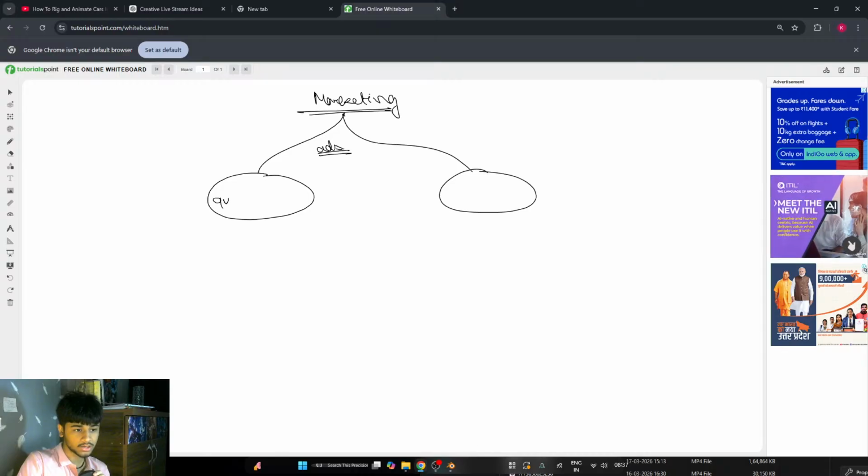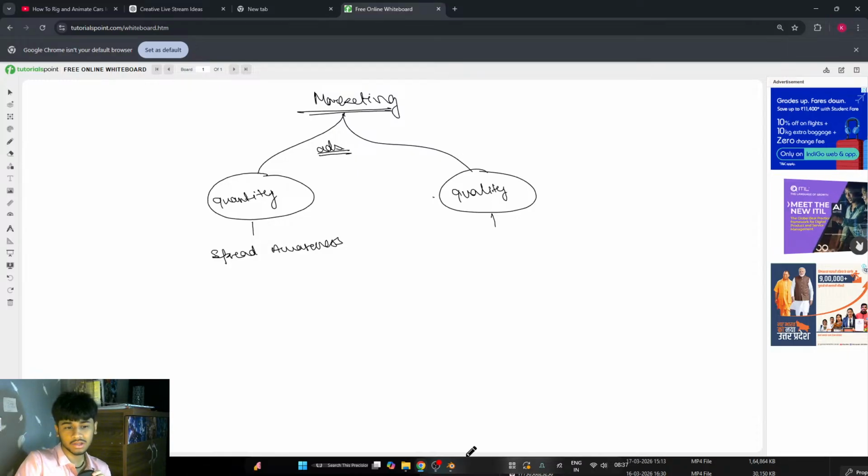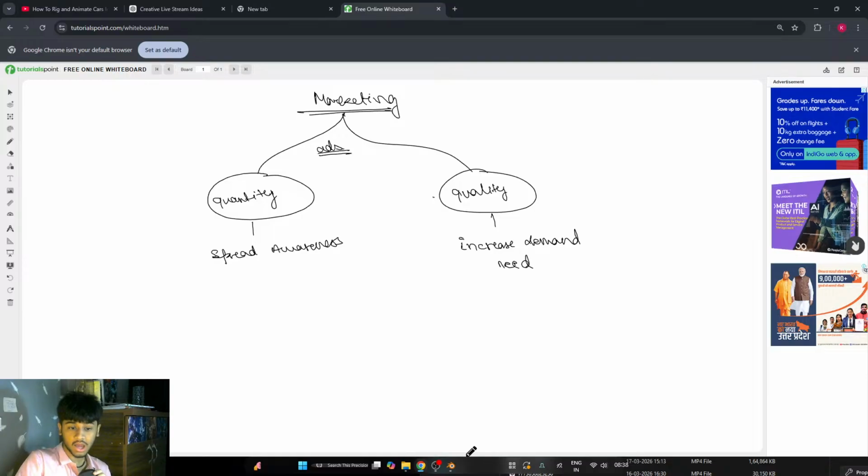The first is quantity, where the goal of this kind of ad is just to spread awareness. The second kind of advertisement is quality, where the goal is to involve people or increase demand, or we can say need, that I need it.